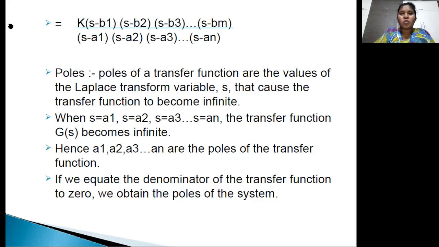So here in the numerator I considered B1, B2, B3 and so on Bm. But in the denominator, I considered A1, A2, A3 and so on An.